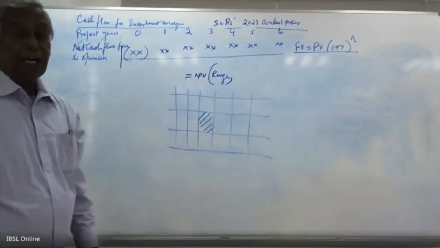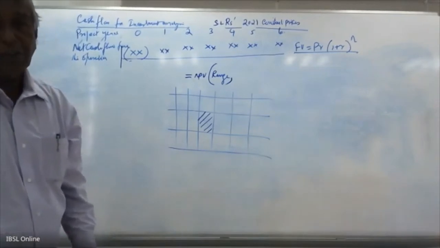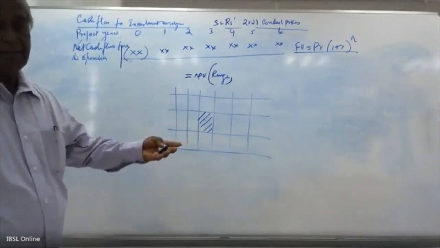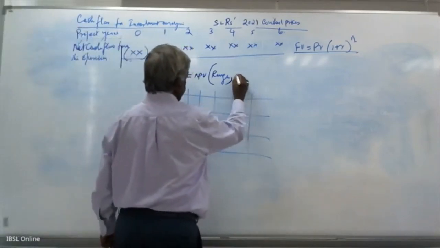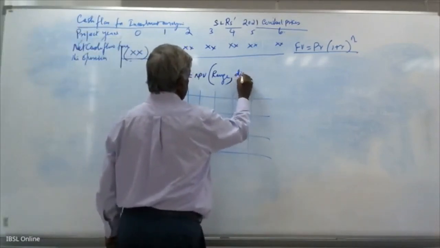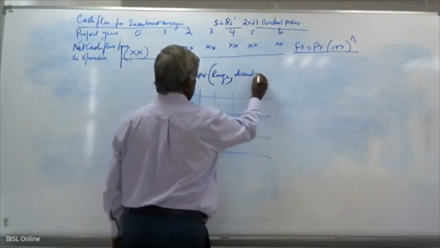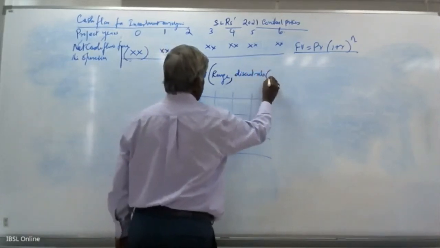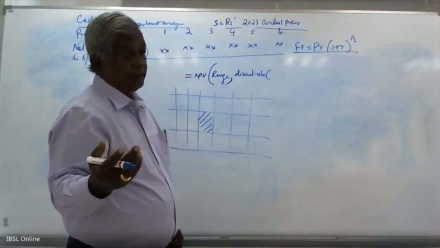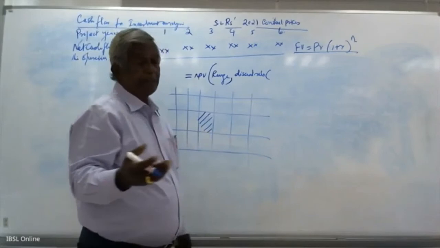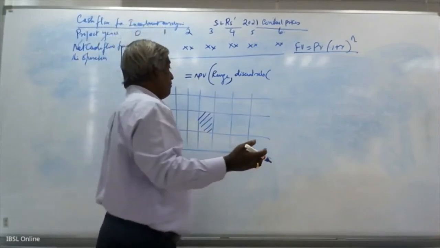Then, at what rate you want to discount? The discounting rate, in decimal. You give the discounting rate, whether it is 18%, 0.18, 15%, 0.15, 14%, 0.14.